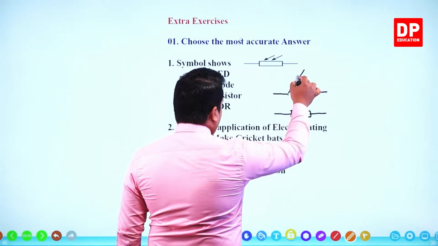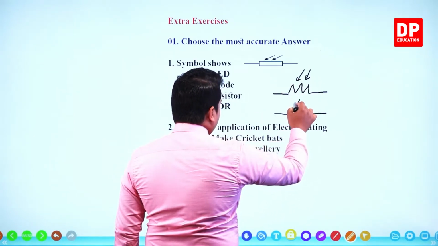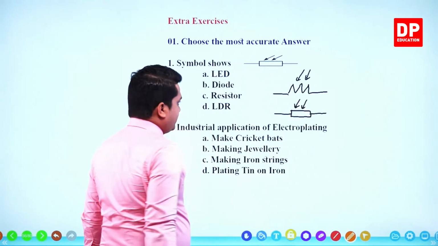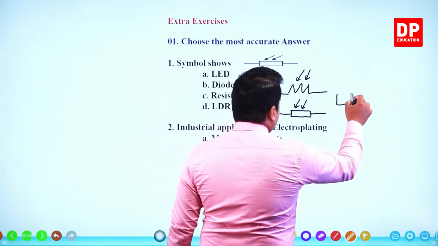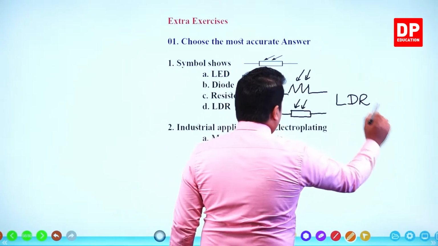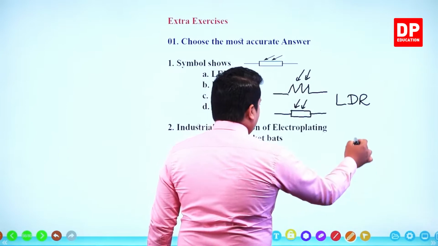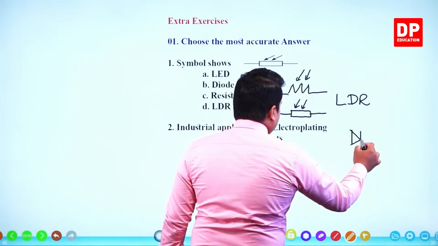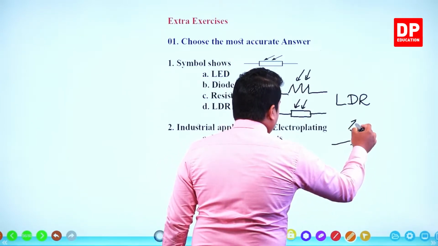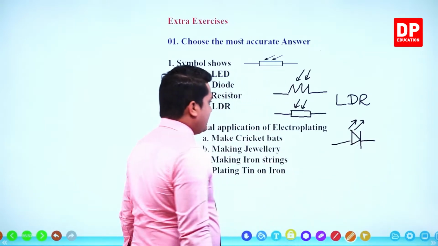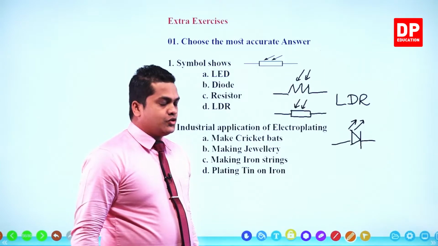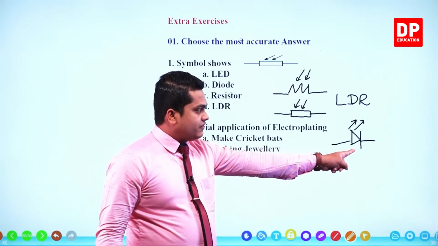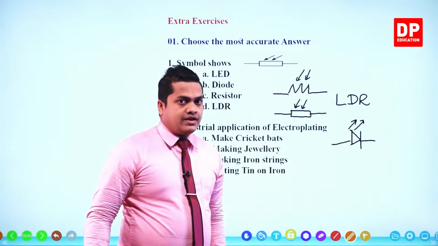So, if the arrows are towards the resistor like this, then this is called an LDR, light dependent resistor. Light emitting diode is like this, LED. Arrows are pointing away from the LED. So you know that a diode has a symbol of a triangle with a line like this.